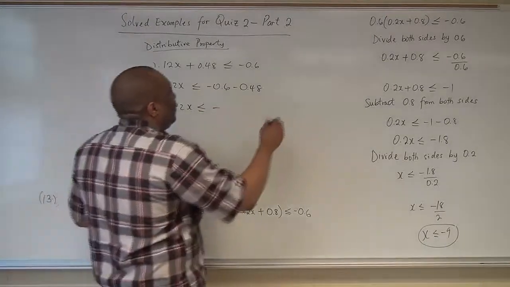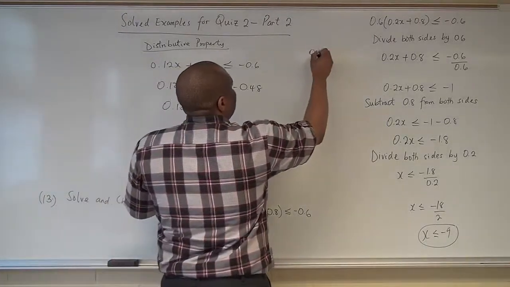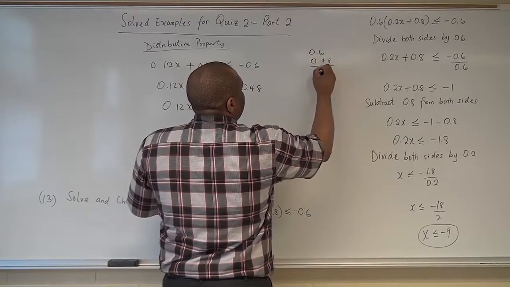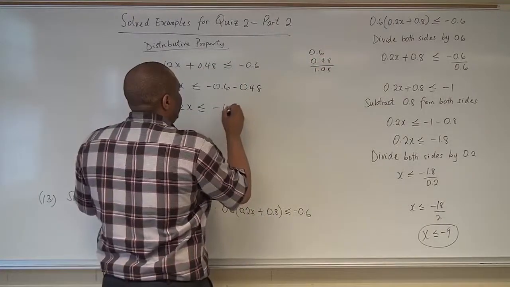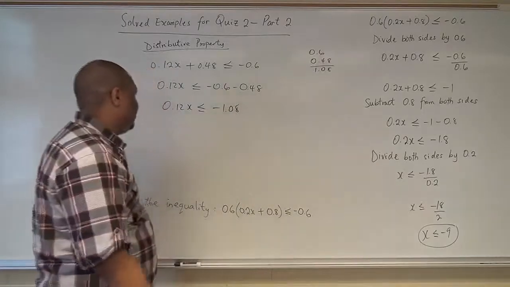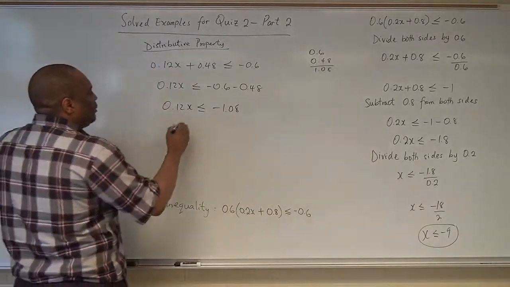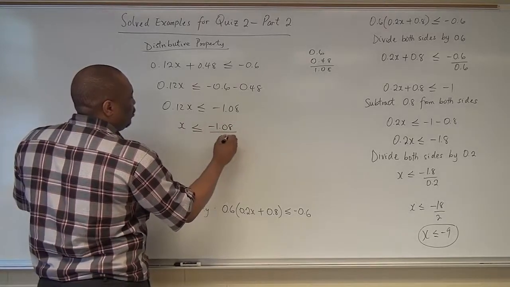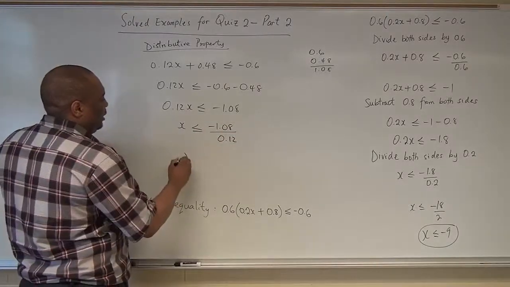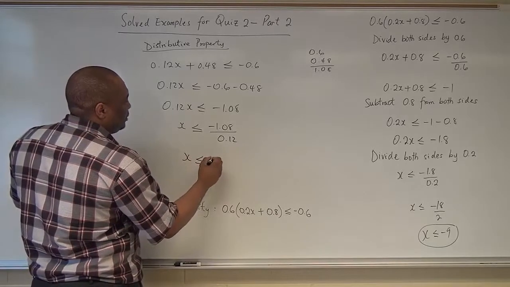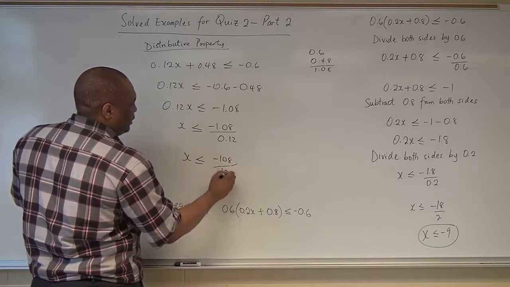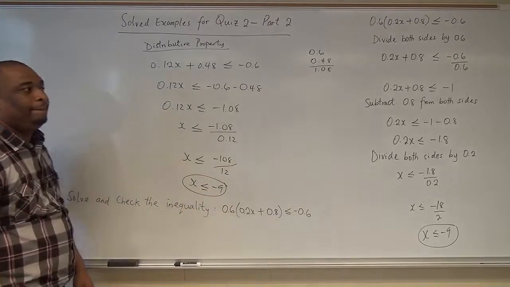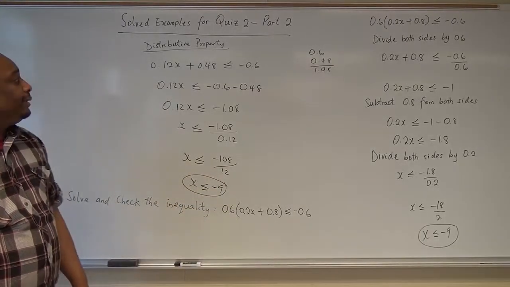Negative what? You have 0.6 and 0.48, negative 1.08. Okay? So x will now be less than or equal to negative 1.08 over 0.12. Okay, x is less than or equal to negative 108 over 12. X is less than or equal to negative 9. That's it. You can do it that way.